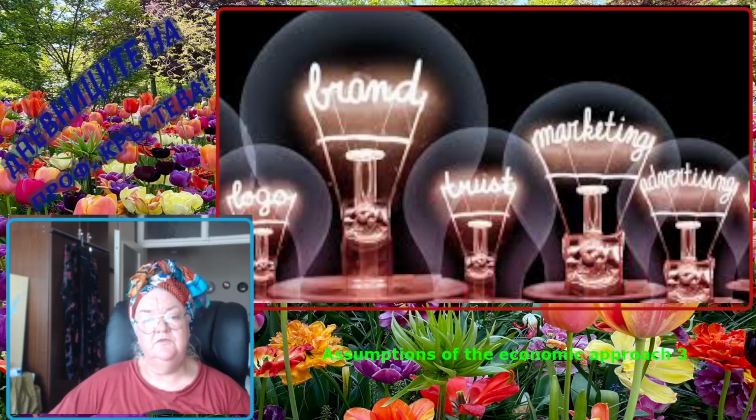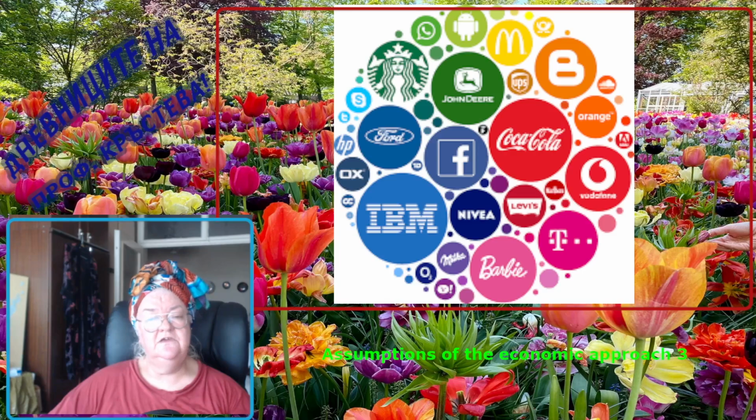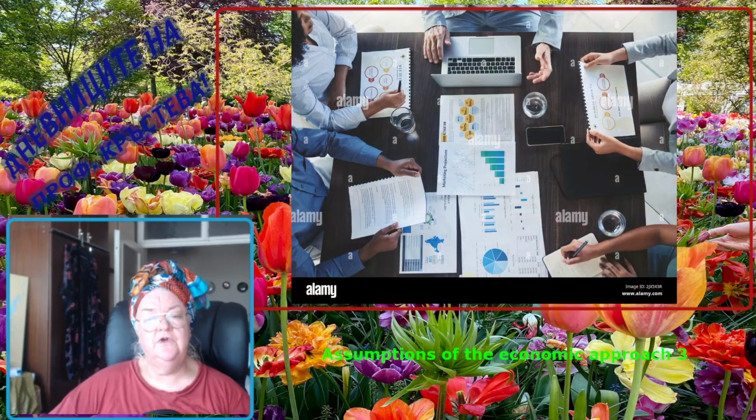In the economic approach, it is therefore crucial that transaction costs are minimized. The marketer can do this by ensuring that the right product at the right price is made known and accessible to consumers through adequate brand management.